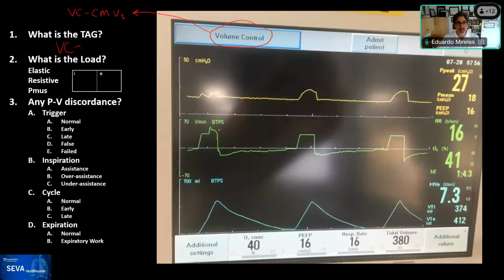However, when you take a look at the waveforms, and Michael, you have recognized the issue. The part of the issue here is if you're in volume control, as we recognize it, you would expect the flow to be controlled, and you can see breath number 2 and breath number 3 and how beautifully the flow is controlled.